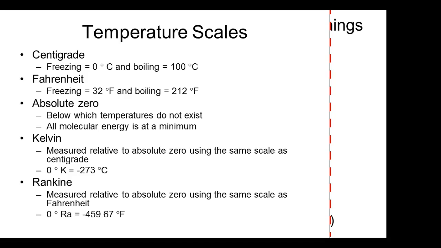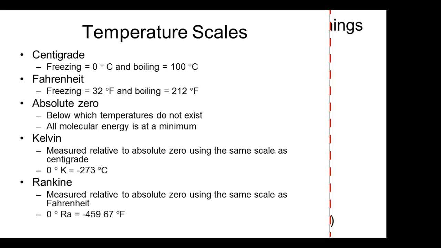Basically stops. We have 2 scales that are based on 0. We have the Kelvin scale, which uses the same spacing as the centigrade scale. And then we have the Rankine scale, which uses 0, but on the same spacing as the Fahrenheit scale.